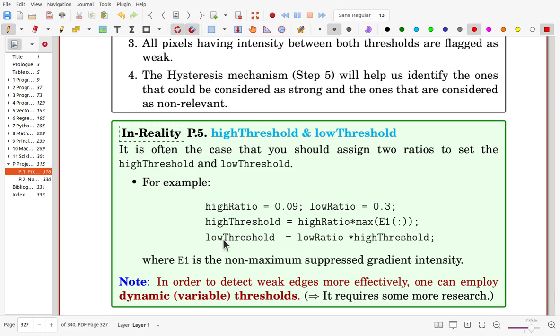And the low threshold is now from the high threshold; we multiply here the low ratio, and we can set the low threshold. By using these two values, you can cut the gradient intensity in 3 parts. Top one is strong pixels, mid one is weak pixels, and the bottom one is non-relevant. So it must be discarded.